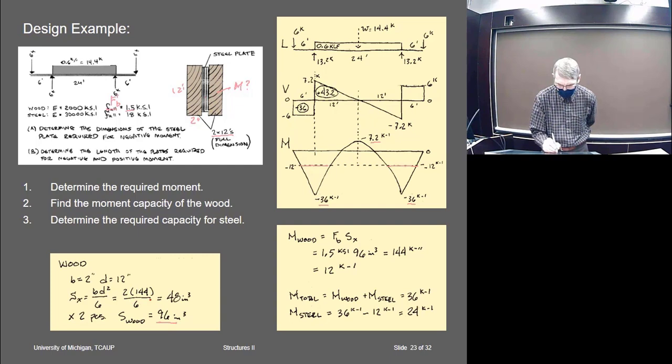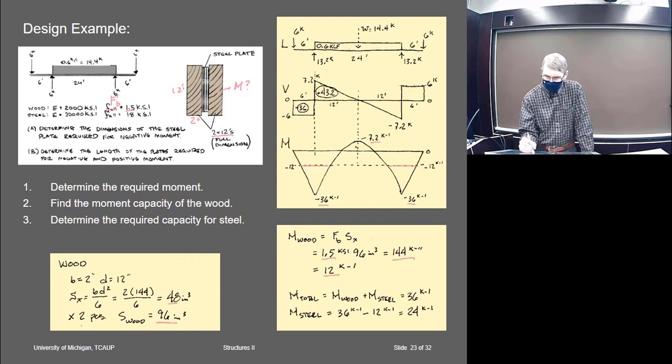So for one piece, BD squared over 6, we get 48. For 2 pieces, we have 96. So we got 2 of them side by side. And then the stress was given capacity as 1.5, so we can quickly calculate the moment capacity for that wood in kip inches or convert it to kip feet.